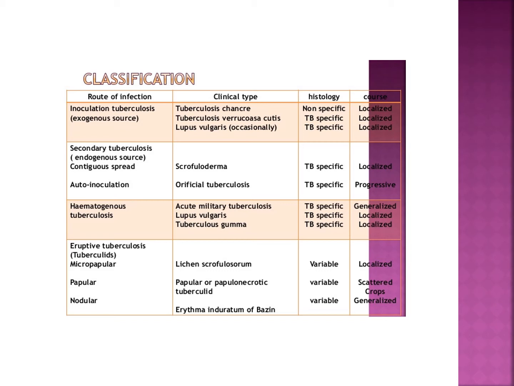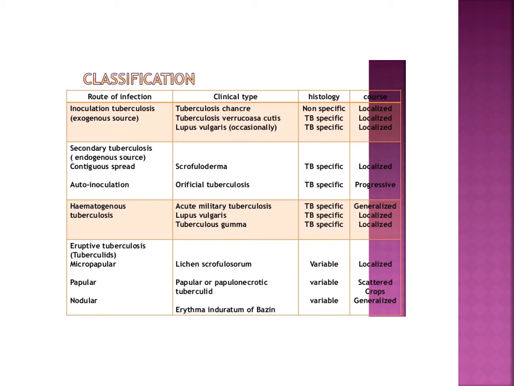It can be contiguous spread or auto-inoculation, like in the lip area, if it is bitten by teeth, or if the patient is an actively tuberculous patient, he or she can have a clinical type like scrofuloderma or orofacial tuberculosis, which is a localized type.